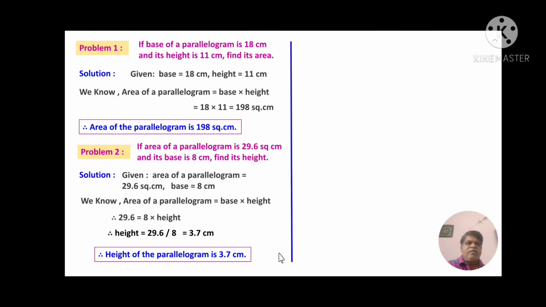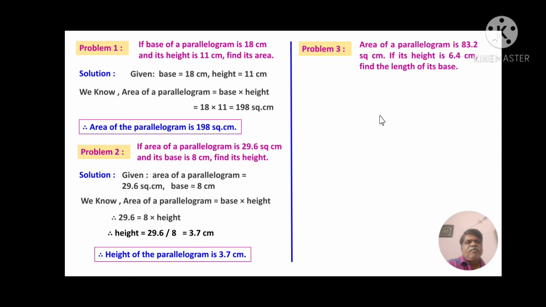Now let us see the third problem. Here the area of the parallelogram is 83.2 square centimeter. If its height is 6.4 centimeter, find the length of its base. Friends, let us write the given things. The area of the parallelogram is 83.2 square centimeter and height is 6.4 centimeter.